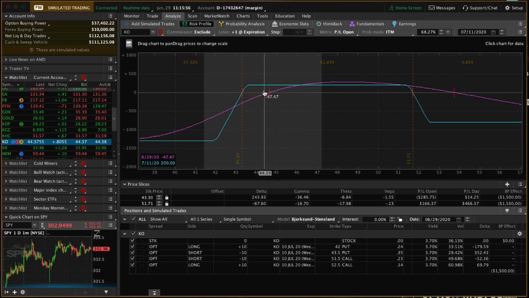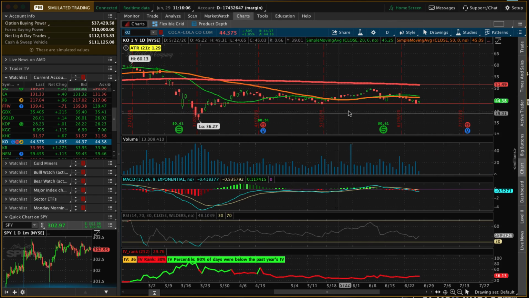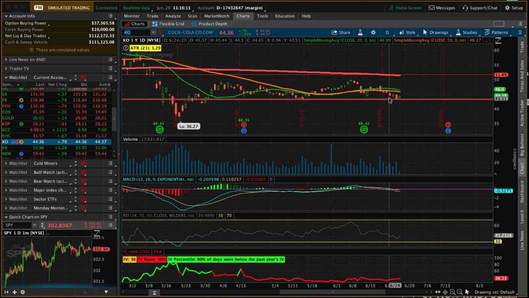So in this case the max win would be 200 bucks, but if it goes in this direction, it's going to cost me cash. Right now it's not that bad, and if I look at the chart of Coca-Cola, I see that there is earnings coming, and I see that it's actually at its very major support zone.